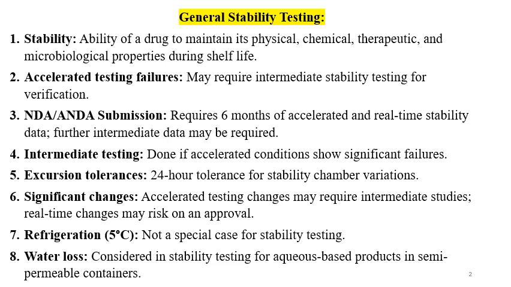It requires 6 months of data of accelerated and real-time stability studies, and further the intermediate data may be required. So it is not only for NDA and ANDA, it is generally considered for all the markets. Intermediate testing is done if the accelerated conditions show significant failures.